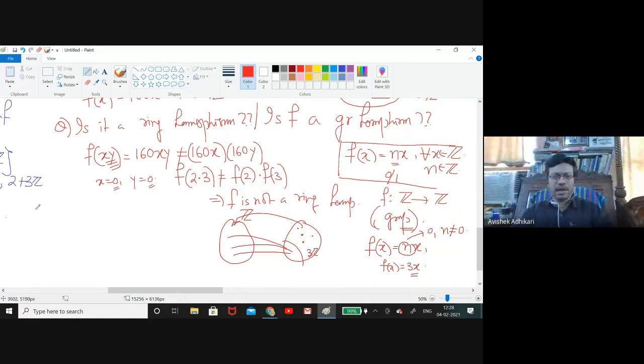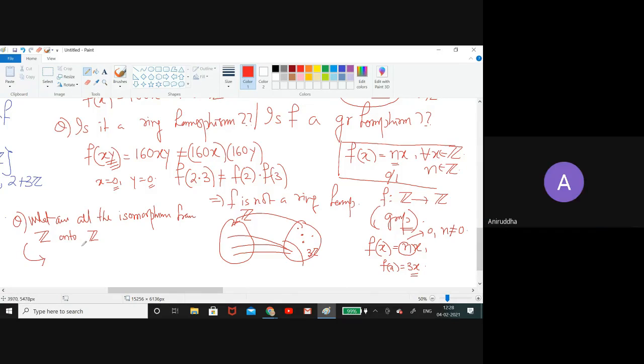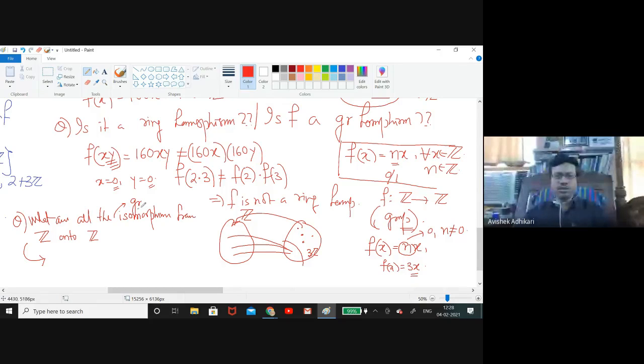Now I asked you the question: what are all the isomorphisms from Z onto Z? What would be your answer? Sir, the identity map. It must be n equals 1 or -1. Yes, so it's a group isomorphism.